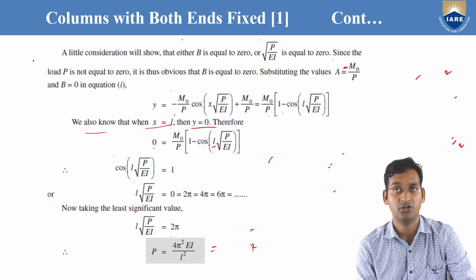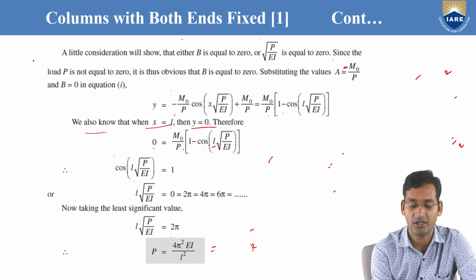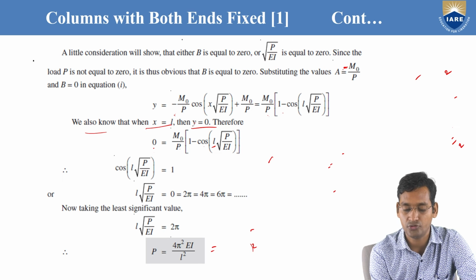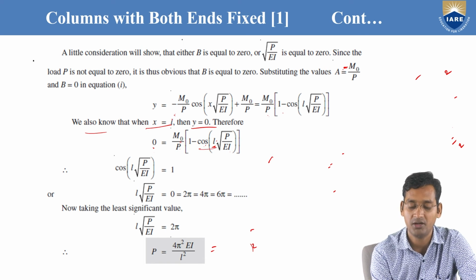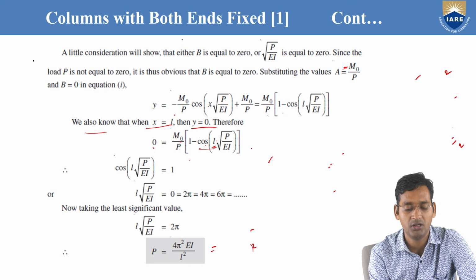Now the third boundary condition: at x equals L, y equals 0. Just substitute. So y is 0, M naught by P, 1 minus cos, and x becomes L root P by EI. After simplifying, take the negative part to that side and divide by M naught by P; that will get cancelled.